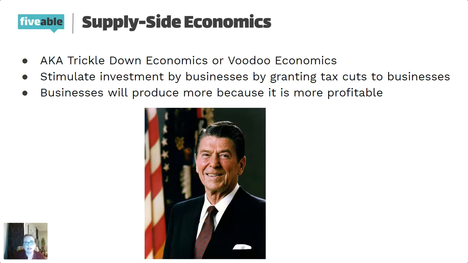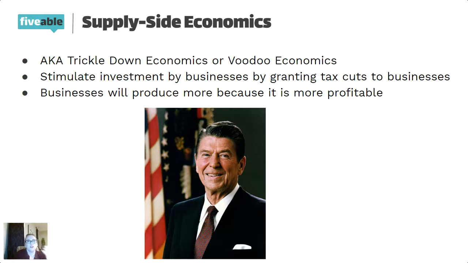So supply side economics is referred to as trickle down economics. Ronald Reagan, who's pretty much like the god of supply side economics, had a vice president, George Herbert Walker Bush, who actually called it voodoo economics, which kind of implies that it's fake, right?